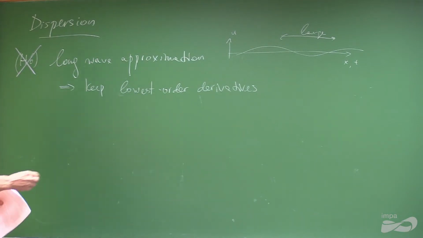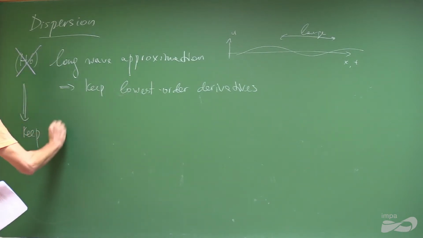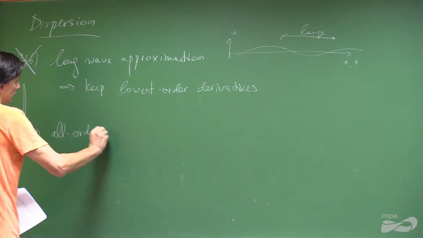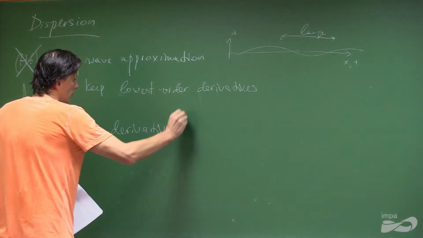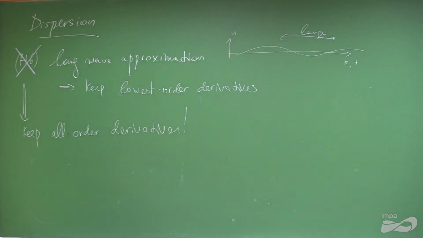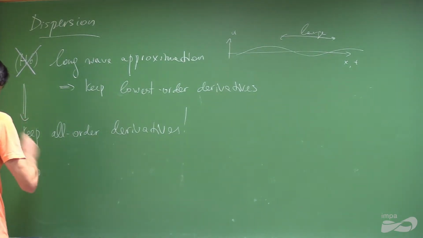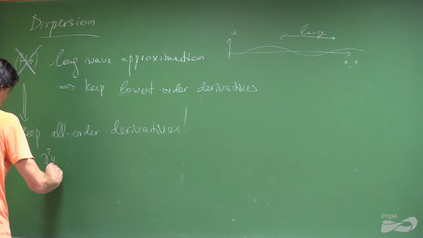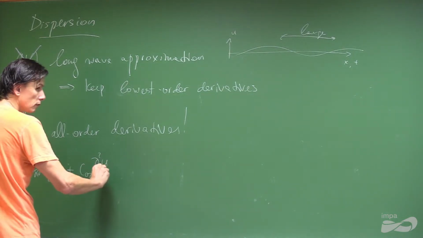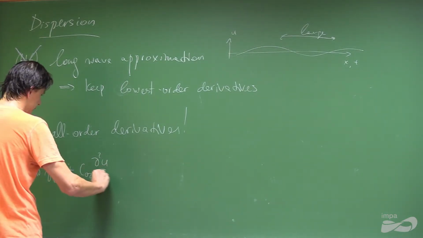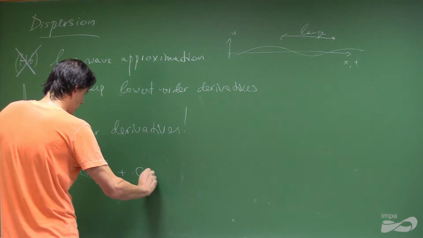That means that if it's not true, we must keep all order derivatives. So in other words, our equation of motion has to be C2 ∂²u/∂t² plus C0 ∂²u/∂x² plus C4 ∂⁴u/∂x⁴, and so on, equals 0.